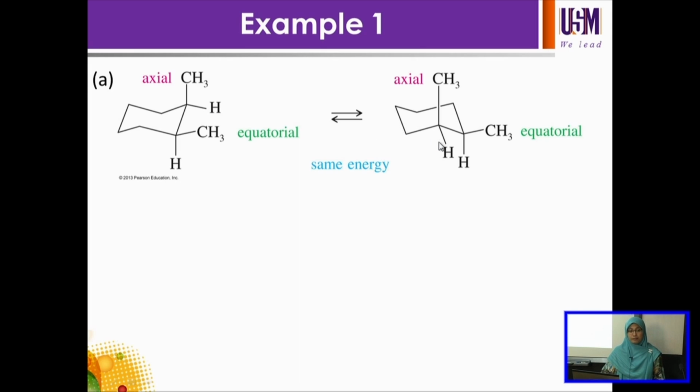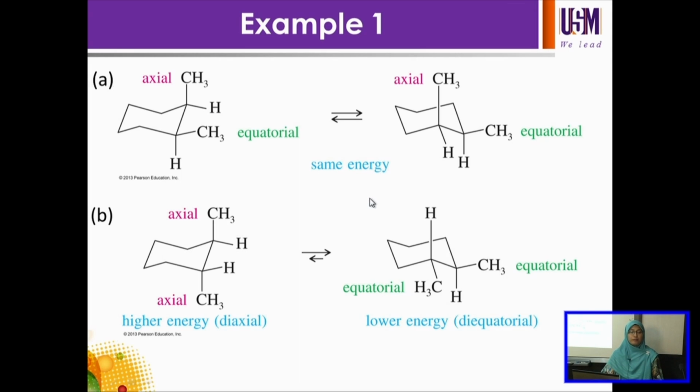So when the ring flips, the methyl group at axial position will transform into equatorial position, and the methyl group at equatorial position will convert to axial position. So each of these conformations places one methyl group in axial position and one in equatorial position, giving them the same energy.